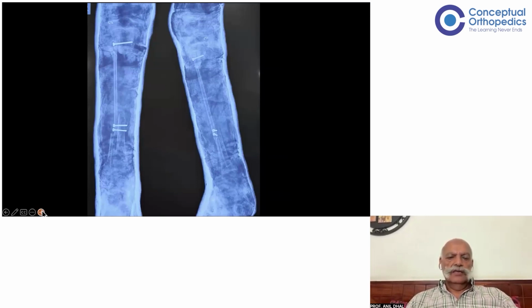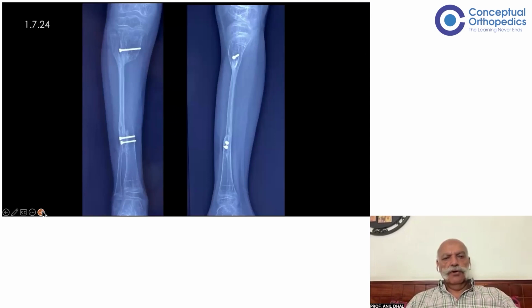And thereafter, we followed this patient up, and this is the X-ray taken at about 6 months' time on 1st of July 2024. And you can see that the fibula is more or less united, both proximally as well as distally.